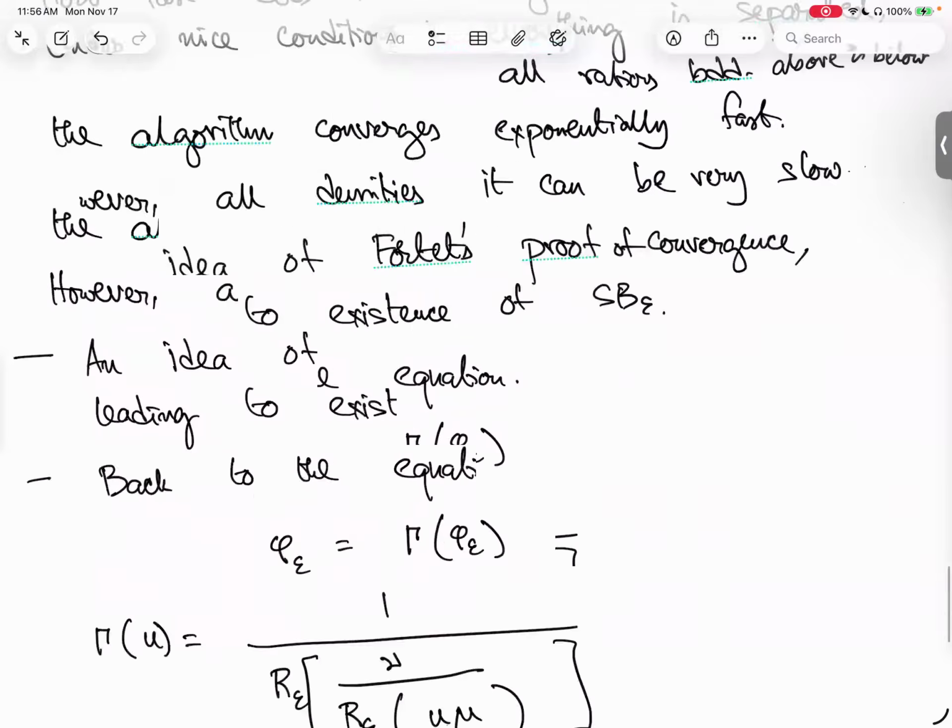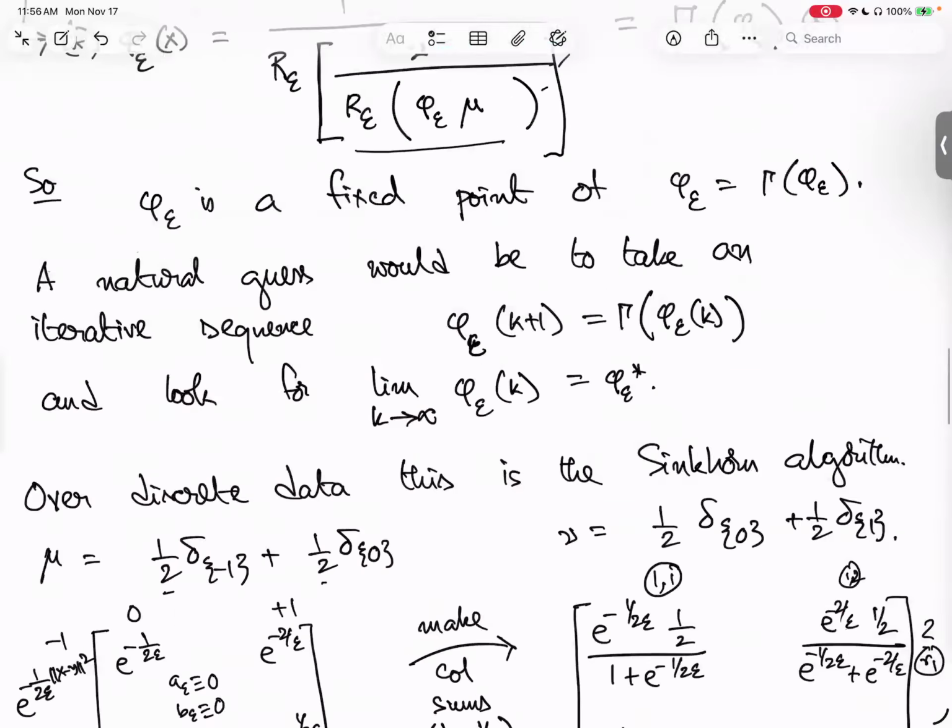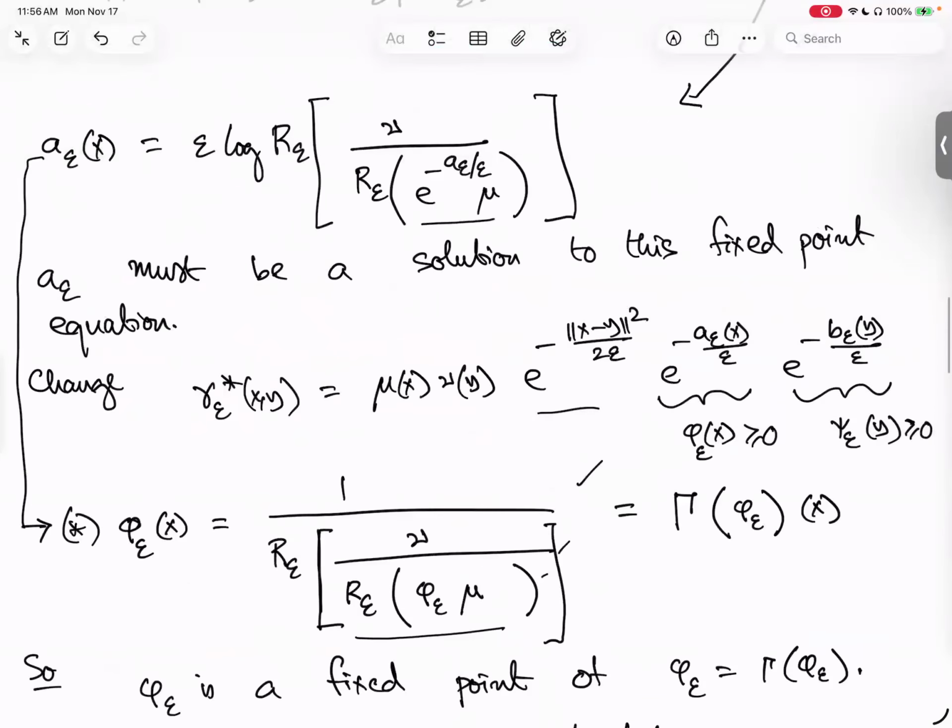I hope I translated it correctly. Let me check once again. A epsilon over epsilon, e to the power minus of this is 1 over R epsilon. So that's phi epsilon. And so that becomes, yeah, exactly. Okay, good.